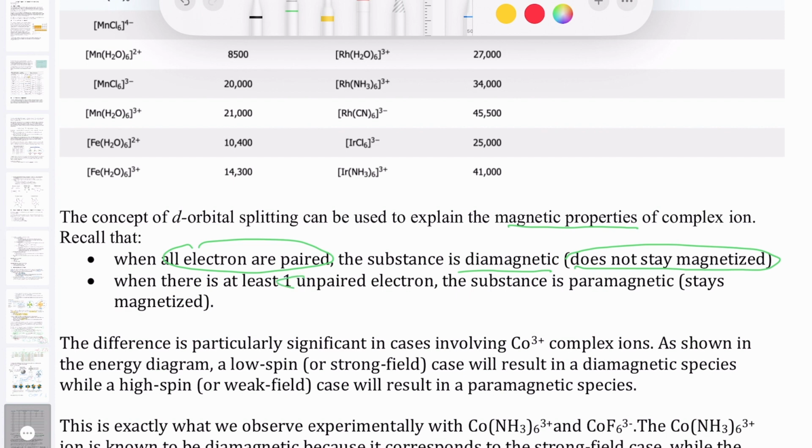Whereas if you have at least one unpaired electron, then the substance is what we call paramagnetic, which means that if we magnetize it, it will stay as a magnet. Now, the more unpaired electrons you have, the stronger its paramagnetism will be.